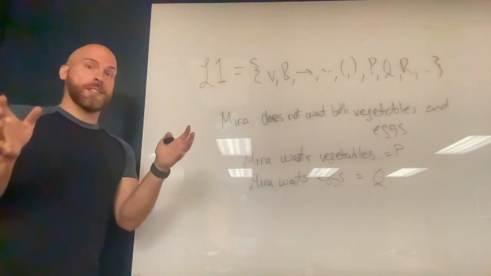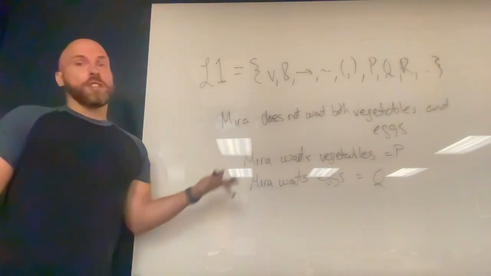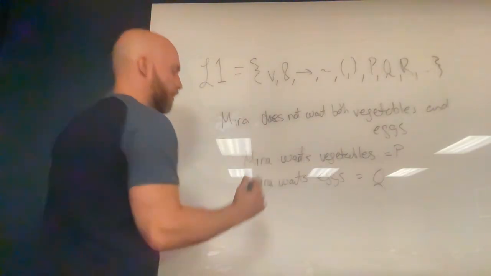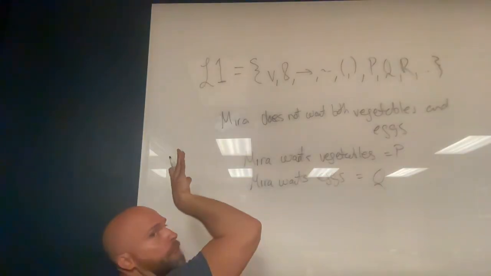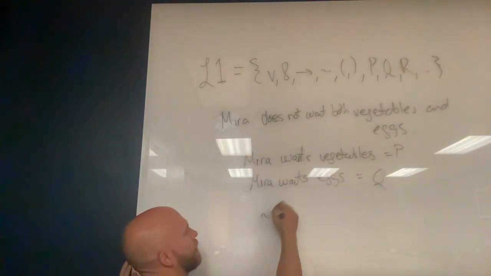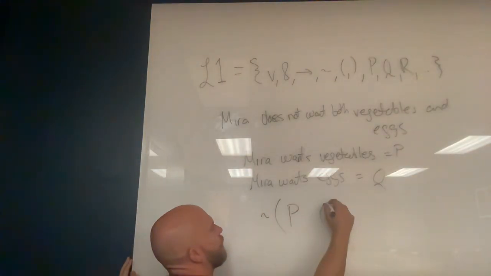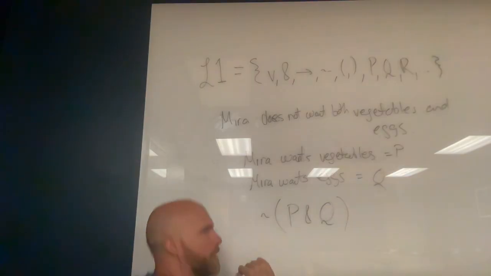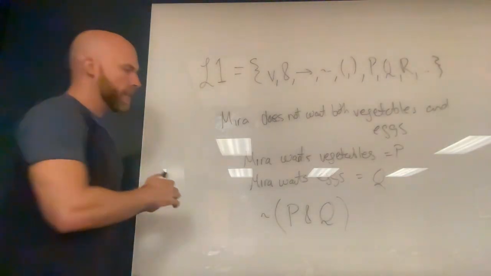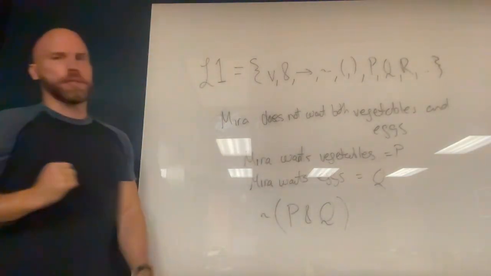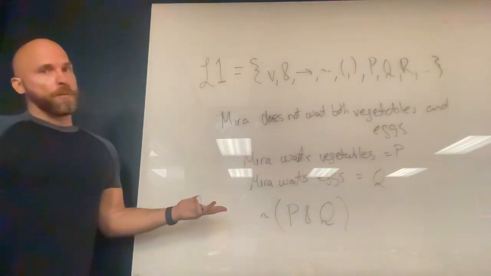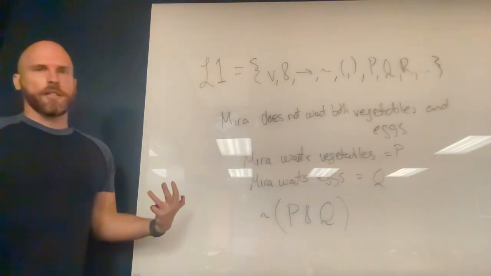She doesn't want to eat vegetables and eggs together. She doesn't like omelets, I guess. And so we can capture that too by thinking of negation on the outside. So negation, we got our P and our Q there, and then we use conjunction, right? So it's not the case that she wants both vegetables and eggs. She might want veggies, she might want eggs, just not together.